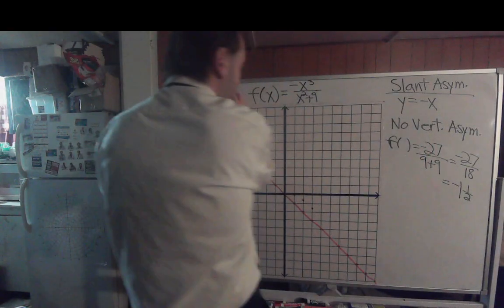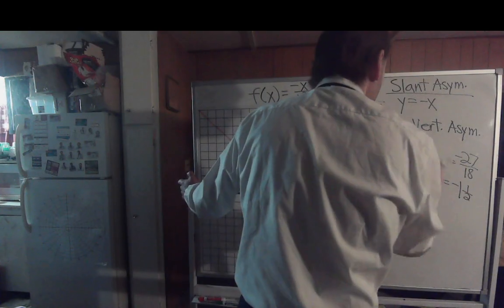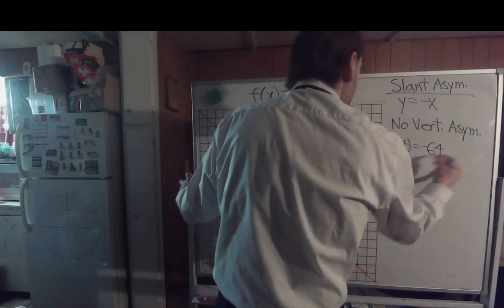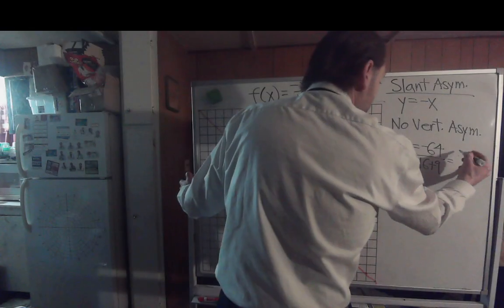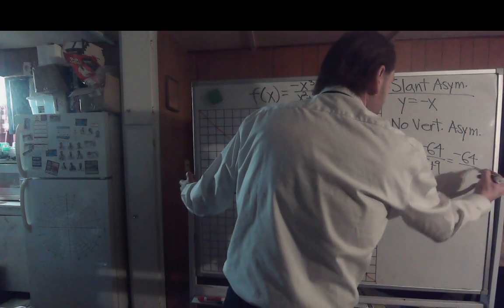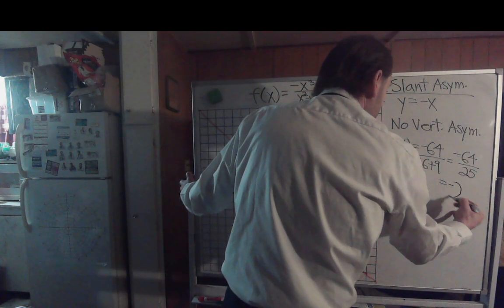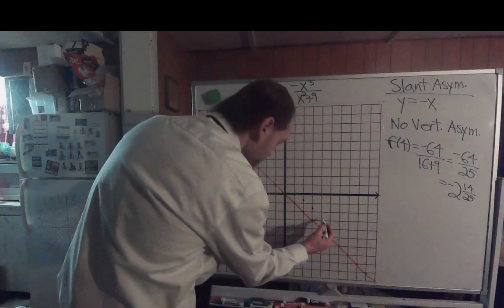Now, heck, let's do f of 4. f of 4 would end up giving me negative 64 divided by 16 plus 9, which would give me negative 64 over 25, which would be negative 2 and 14/25, or about negative 2.5.